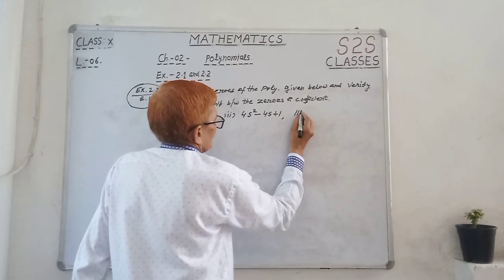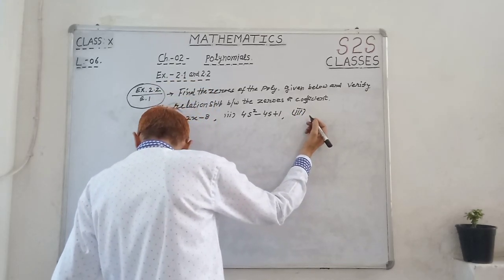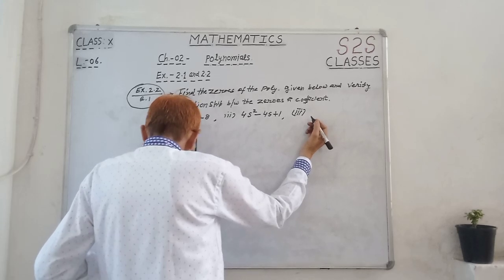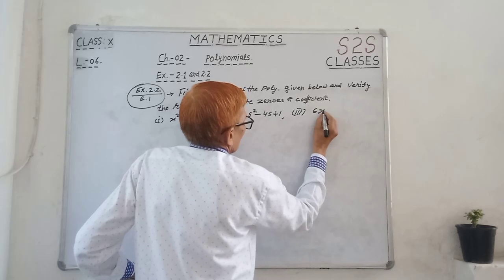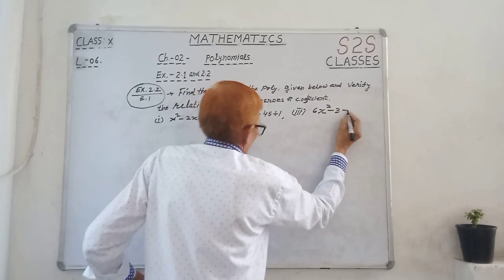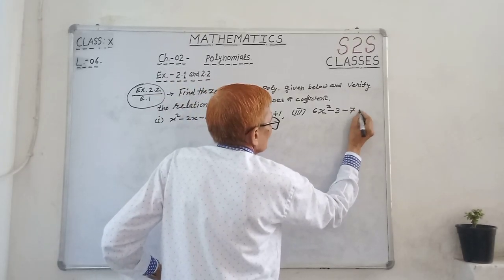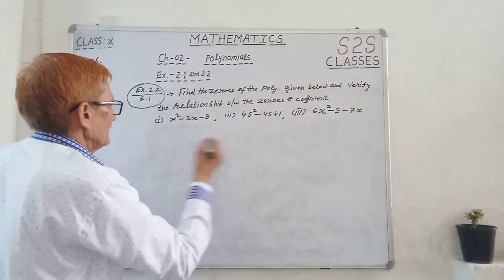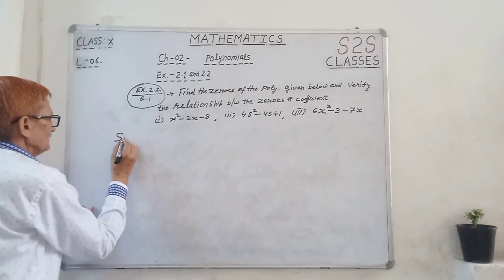Third part is 6x square minus 3 minus 7x. These three parts I have written now. After that, the fourth and fifth parts we have to do, but first the solution of three parts.